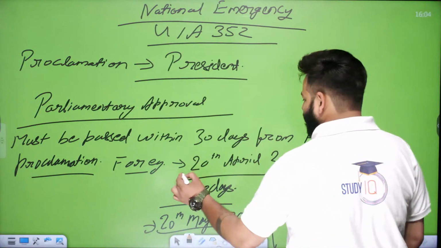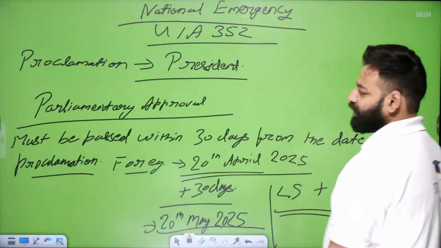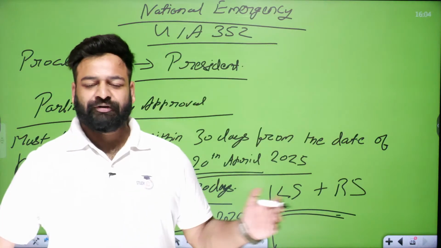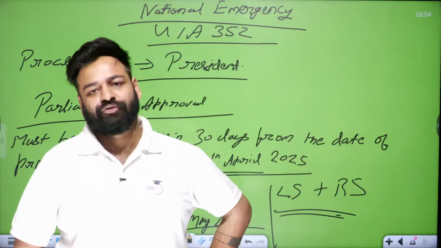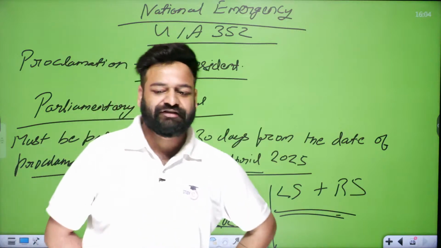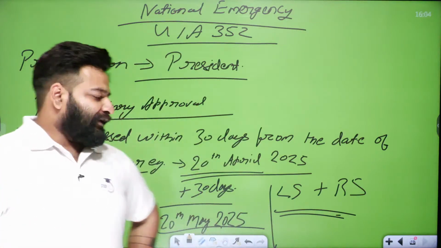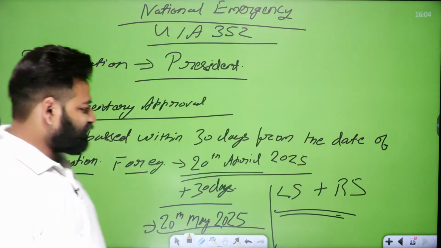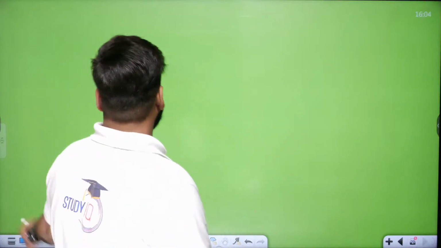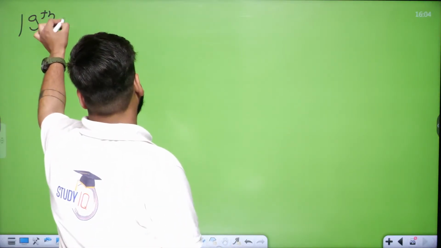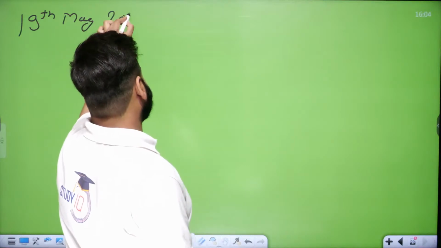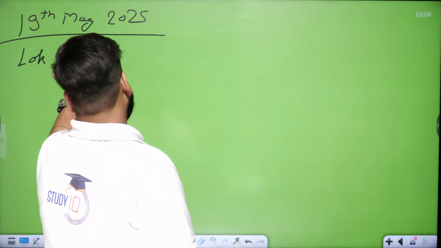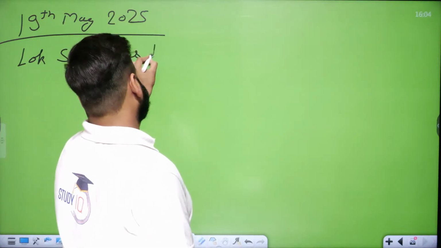In case on 20th April the President has proclaimed emergency, now let's assume, because of some XYZ reasons, some unavoidable circumstances, unfortunately by 19th May 2025, the Lok Sabha has been dissolved, for example.